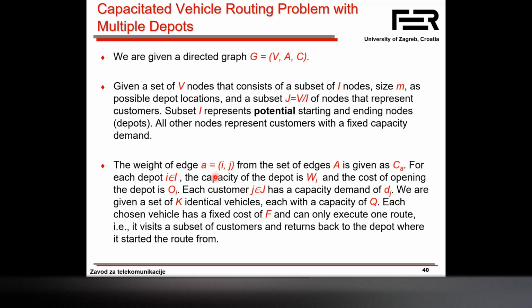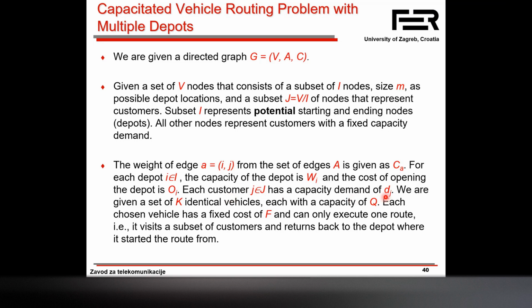We know the weights of each edge. So going from every customer to every other customer and depot, we have all of those weights, and we know their costs. The capacity of a certain depot is set, so they're not all the same, and we have a certain cost of opening each depot. That's a one-time cost of opening a certain depot. It has a fixed capacity, and that's how much we can serve from that depot.